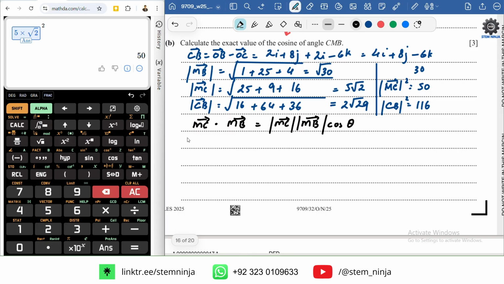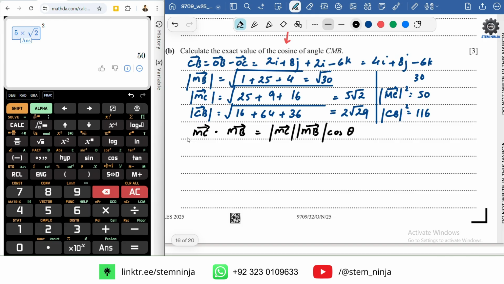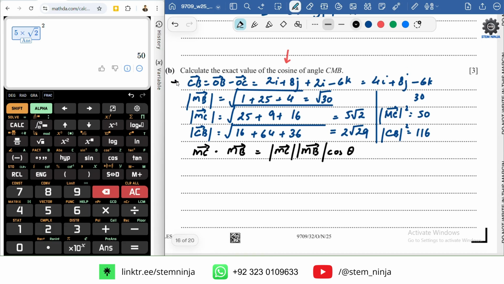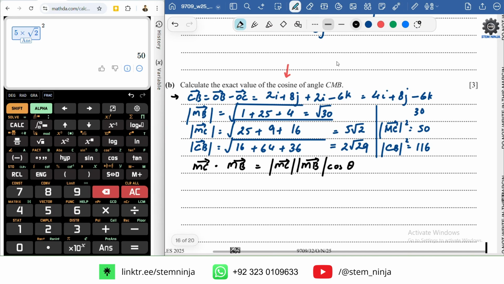Right, so first we need the, actually we didn't need the CB, right? So you could use the cosine rule also technically.